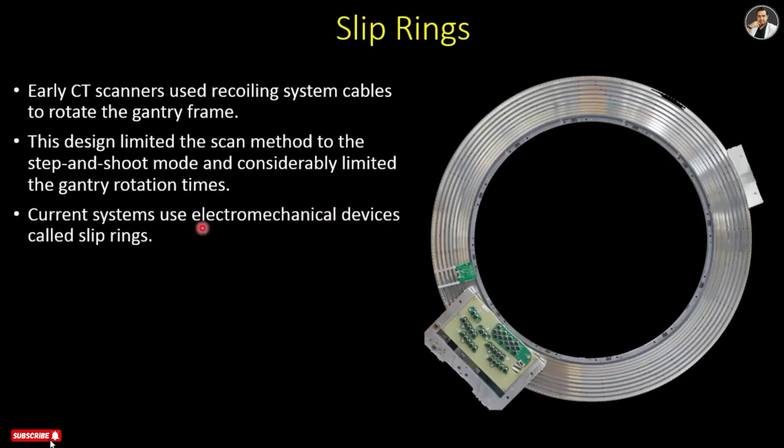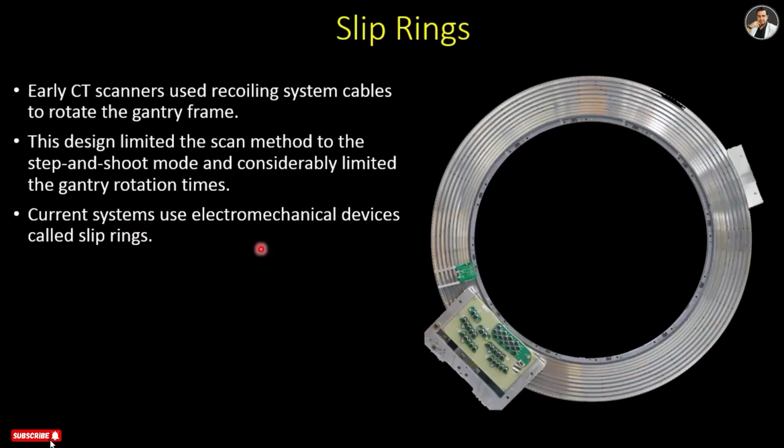Current systems use electromechanical devices called slip rings. All parts, X-ray tube, detector, generator, etc., are installed on it. There is a cooling system inside to keep it cool.